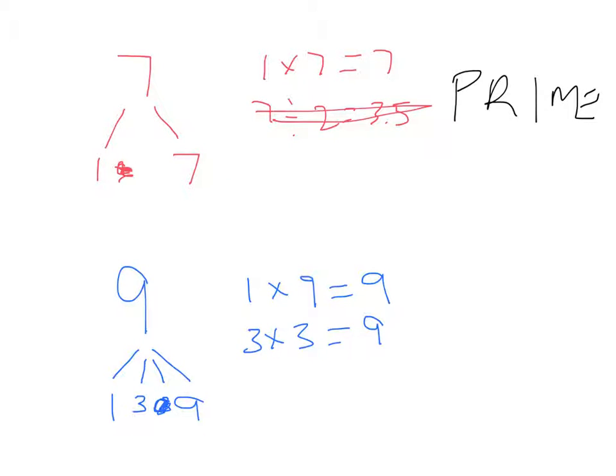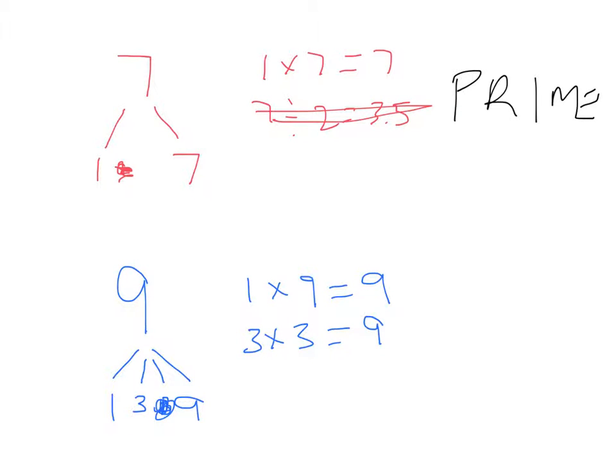Let's just scratch that out. 3 is a factor of 9. 9 divided by 3 equals 3. 3 times 3 equals 9.